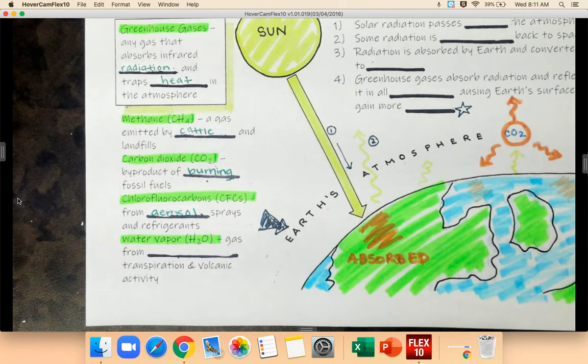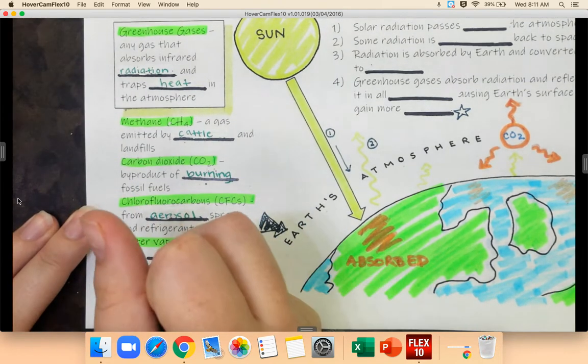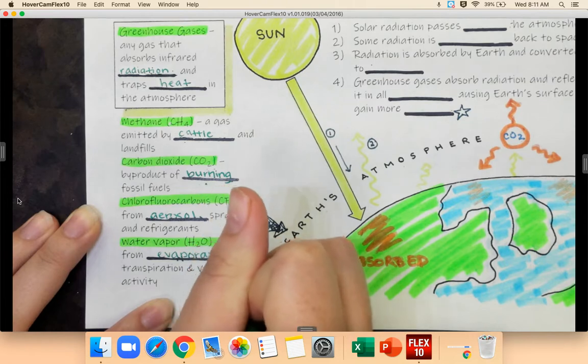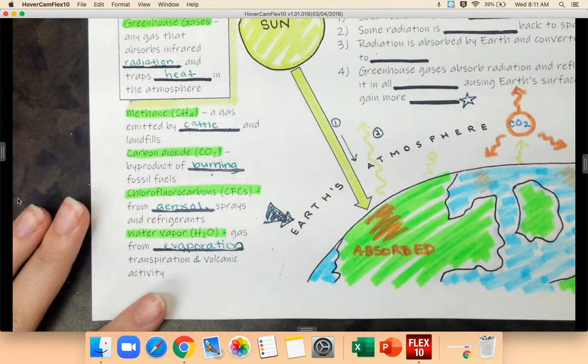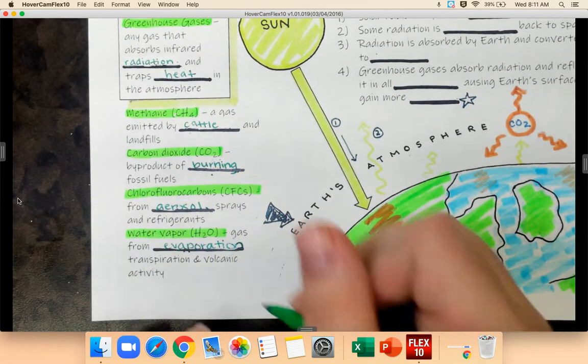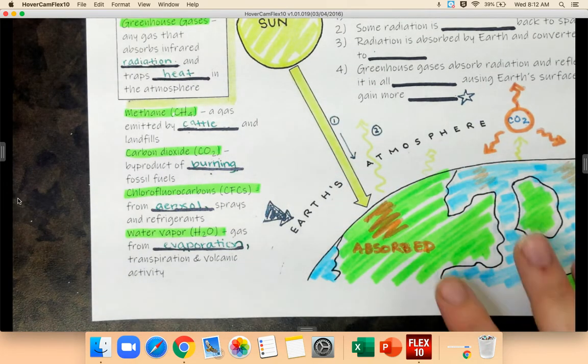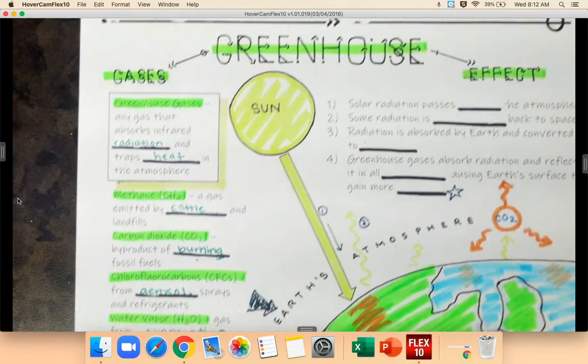Finally, and this one's a little strange, water vapor is considered a greenhouse gas. This is a gas from evaporation, transpiration, and volcanic activity. So those are our four main greenhouse gases.